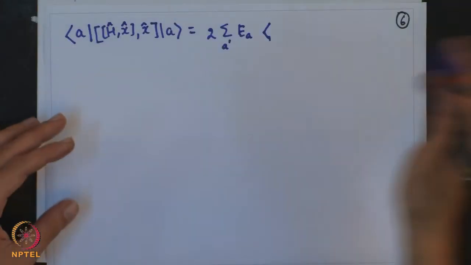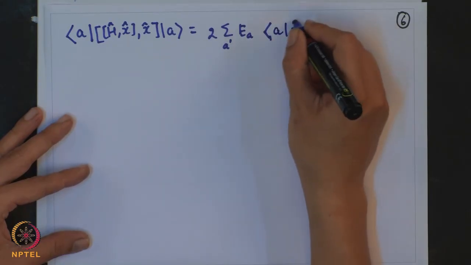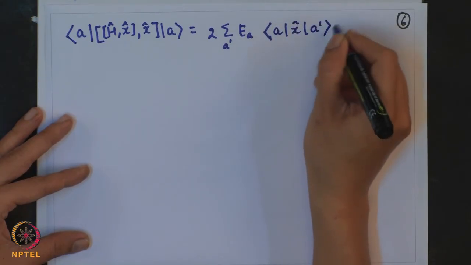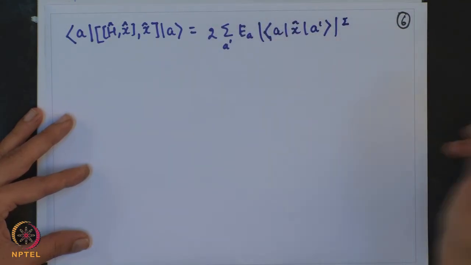It is like calculating the norm, A x A prime square. This was the first term.